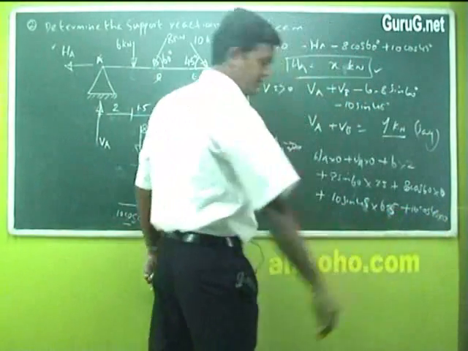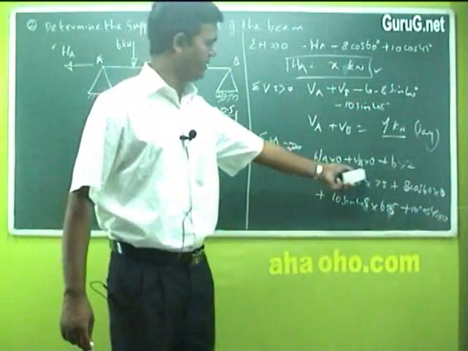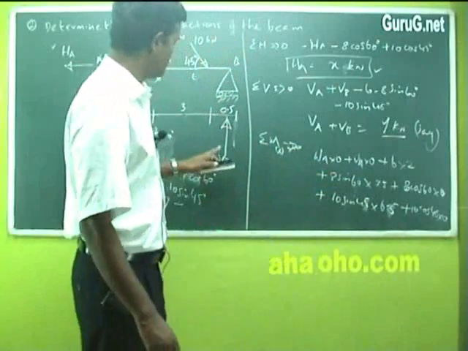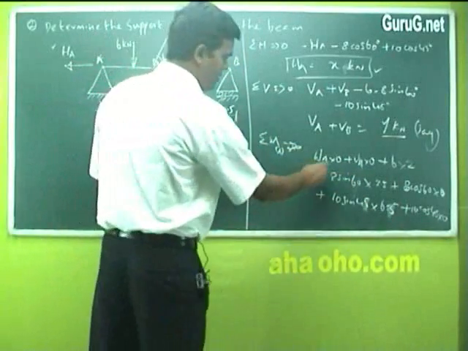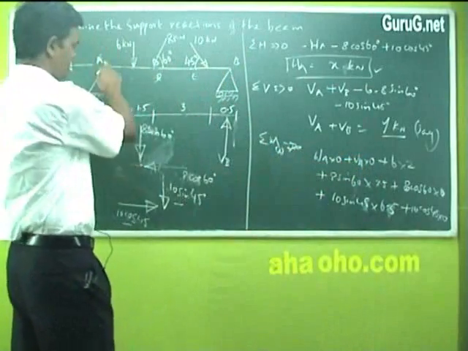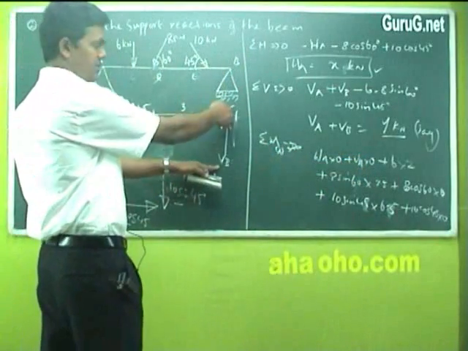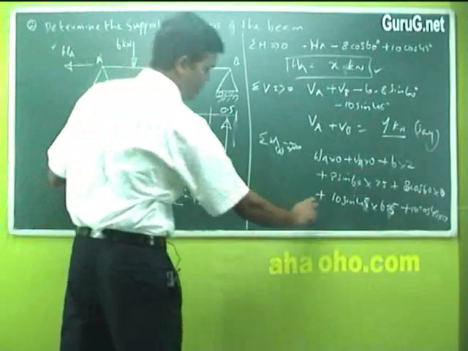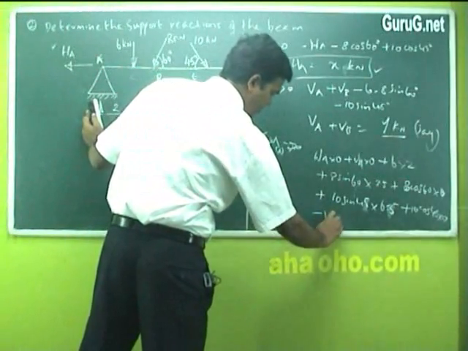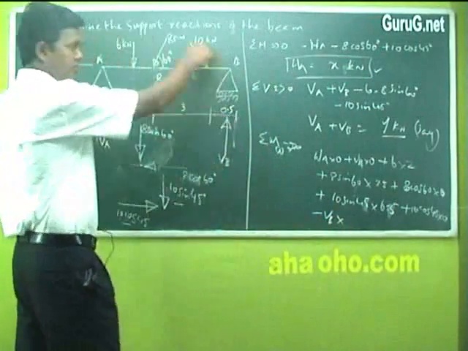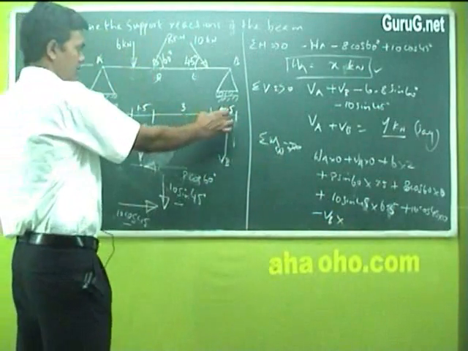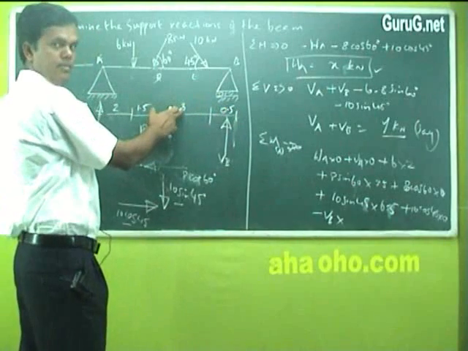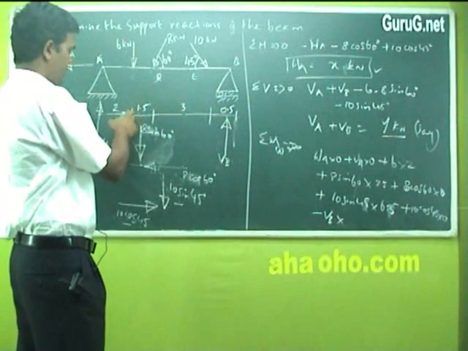So you will get some answer with some value. And what about VB? VA is equal to 0 because VA is acting at the same point. But VB is at this distance, and it is anti-clockwise. It has to come to point A. VB is another force, so it is minus VB into the distance to be covered, anti-clockwise: 0.5 plus 3 plus 1.5 plus 2.